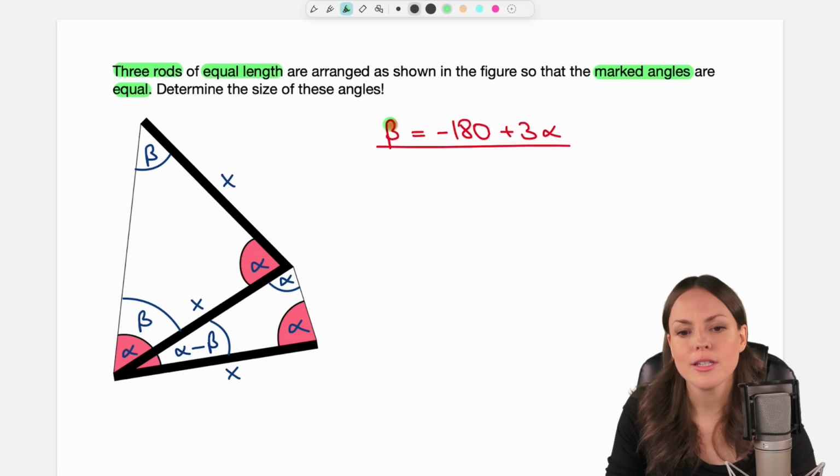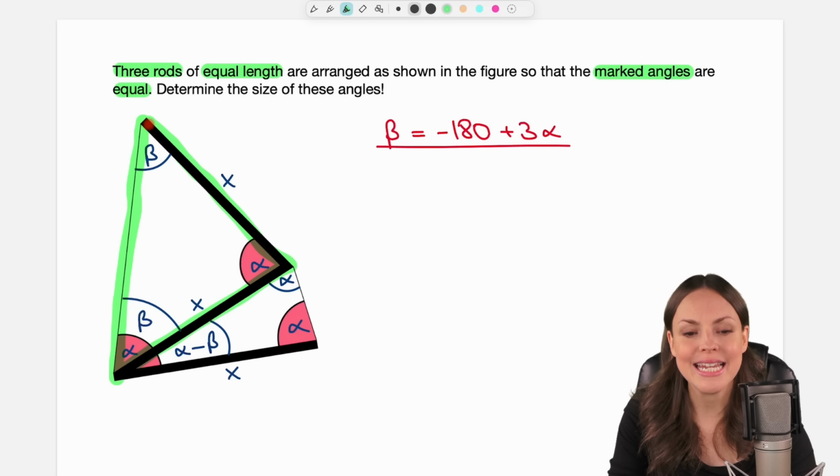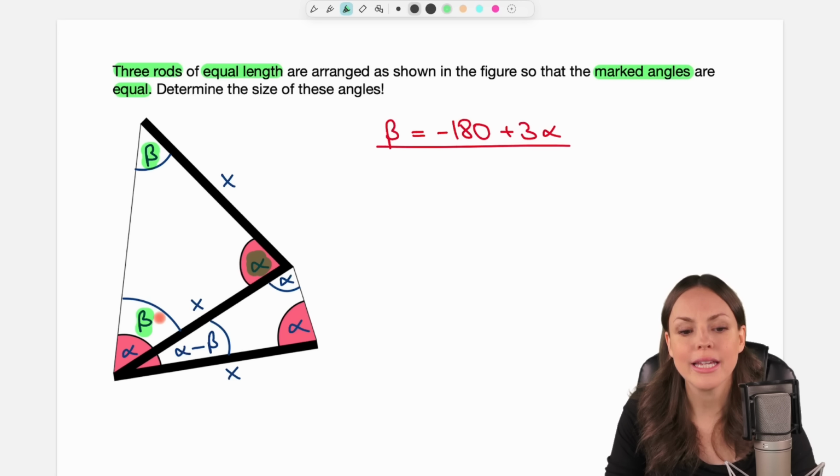We were not interested in beta actually, but in alpha, so we need some more information. But we also have another triangle, so this one here, we can do the same thing now in this triangle. So we know that if we add the angles, we will get 180 degrees.